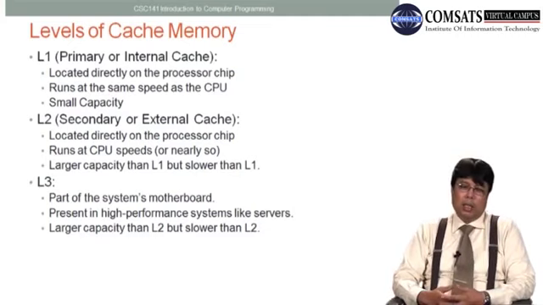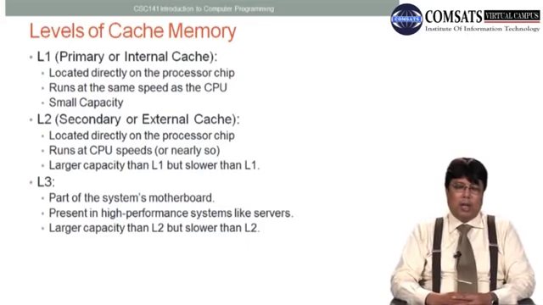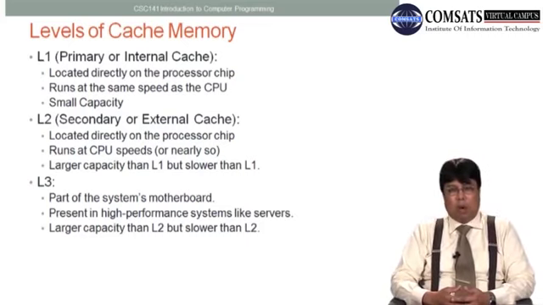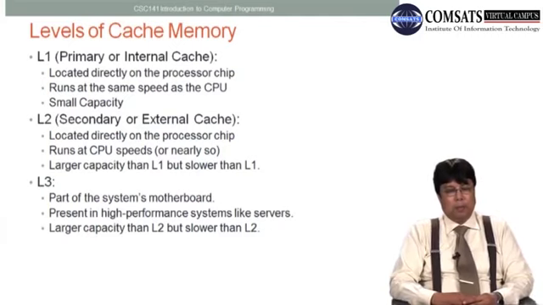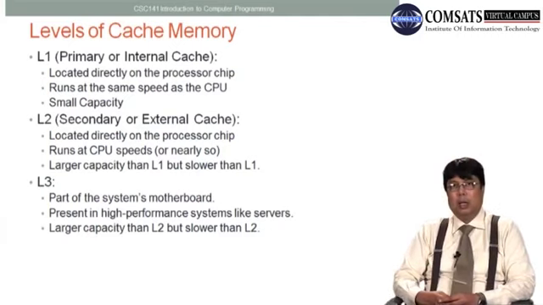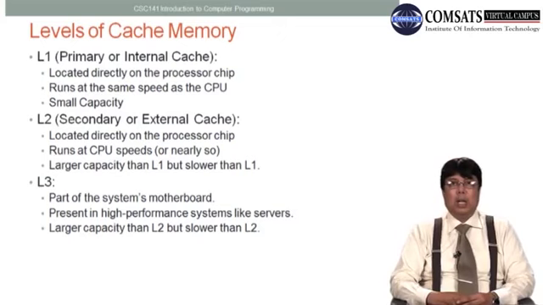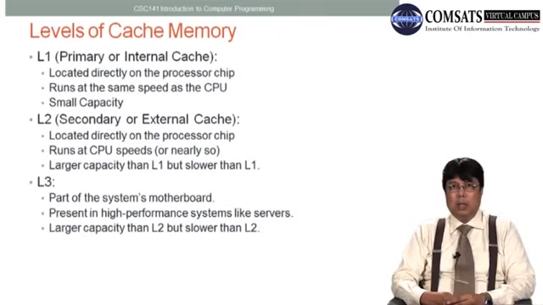L2 cache, secondary or external cache, is located directly on the microprocessor chip or an adjacent chip, and runs almost at the same speed. It's larger in capacity at the cost of speed, slightly slower than the L1 cache, and its capacity can be increased.